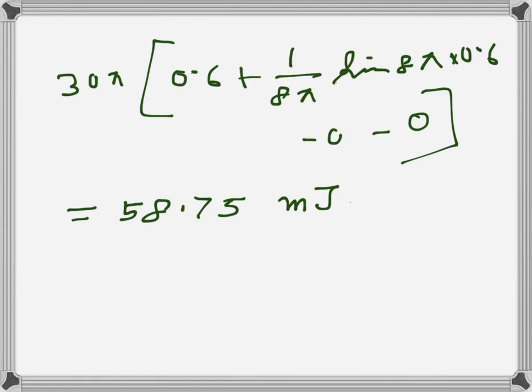So this is the problem and this is the solution. Since I have rounded off the decimals at various stages, just double check. The answer may differ a little bit from your result, but pretty much this is the procedure.